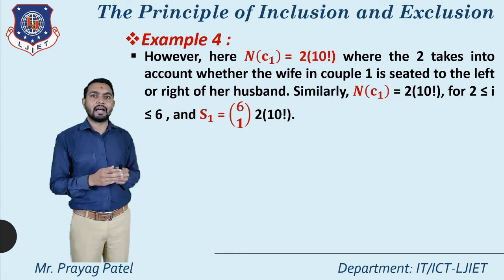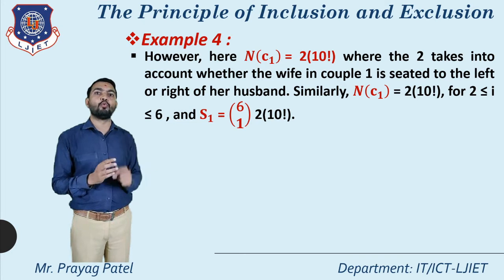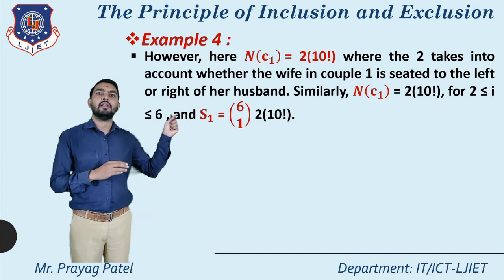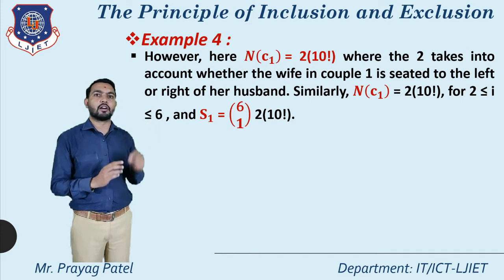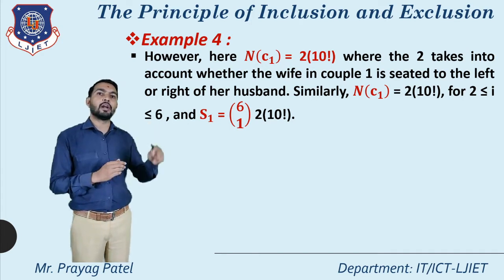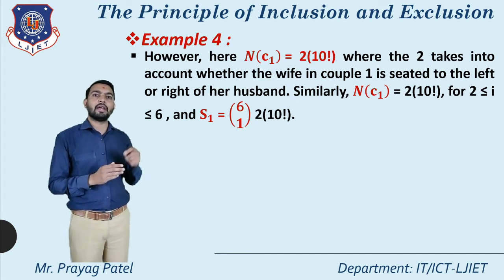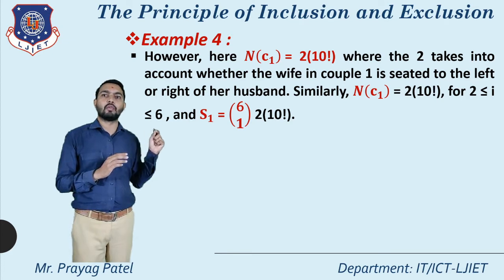So total 11 things are there, but this couple can also be arranged in 2 ways: the wife seated to the left side of her husband or the right side of her husband. So similarly n(Ci) equal to 2 into 10 factorial for 1 less than or equal to i less than or equal to 6.